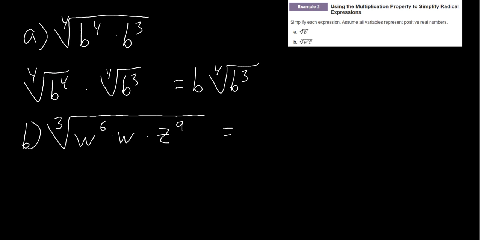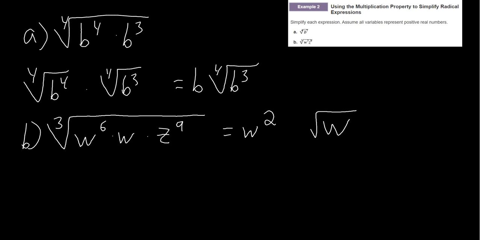I'm just going to say, I'm going to take the cube root of w to the sixth. What is the cube root of w to the sixth? Well, that is going to be w squared, so we put the w squared on the outside. And then what remains on the inside is w, and that takes care of these two.